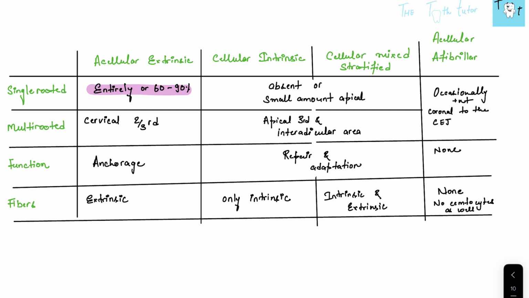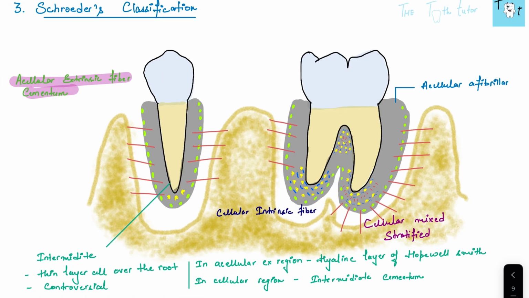So basically in single rooted tooth, the entire cementum is acellular extrinsic type. In multi-rooted tooth, it is present in the cervical two-thirds only. Over here, if you look at the single-rooted tooth, this entire portion, you can see it has no cementocytes. Cementocytes are these tiny yellow cells. They could be present in a very small amount in the cervical region, otherwise they are generally absent.